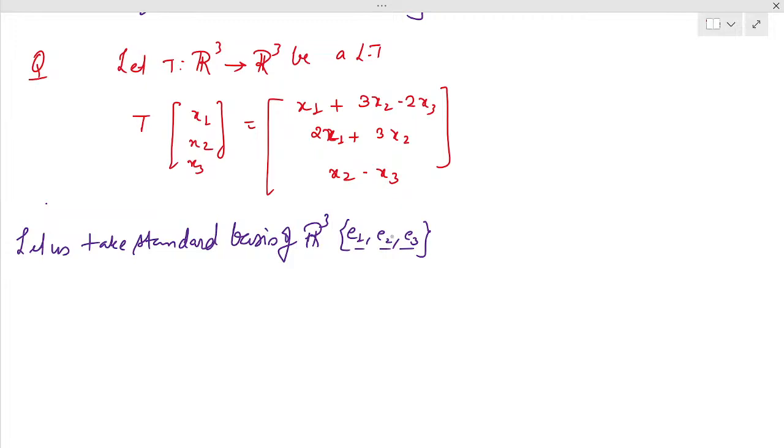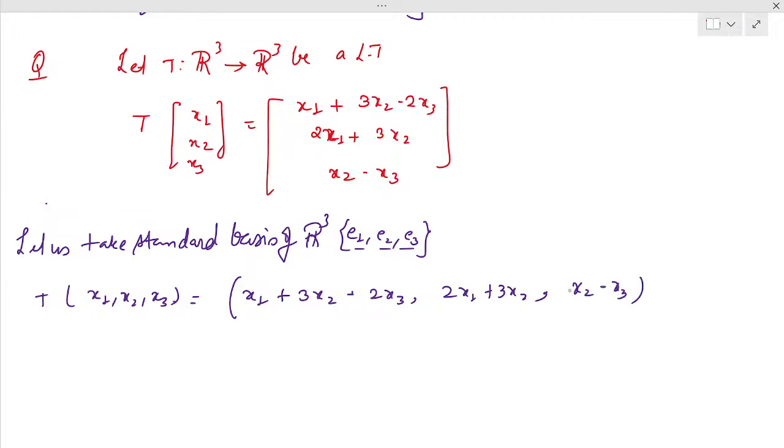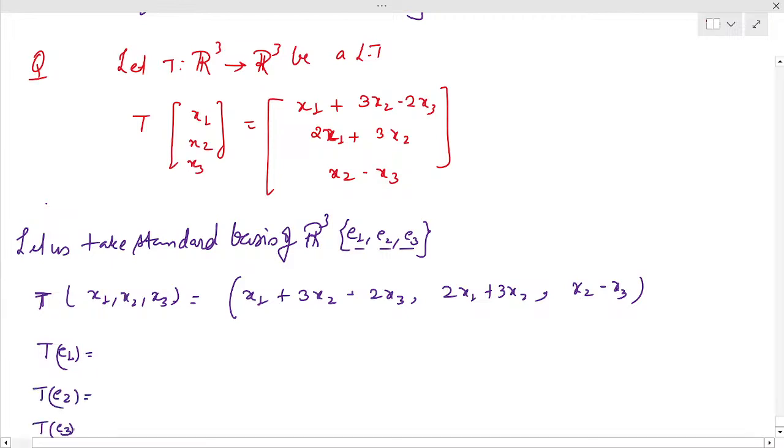Let us try to determine the matrix representation. If I write (x1, x2, x3), then T of it is equal to (x1 plus 3x2 minus 2x3, 2x1 plus 3x2, x2 minus x3). So T of e1, T of e2, and T of e3, what would they be?